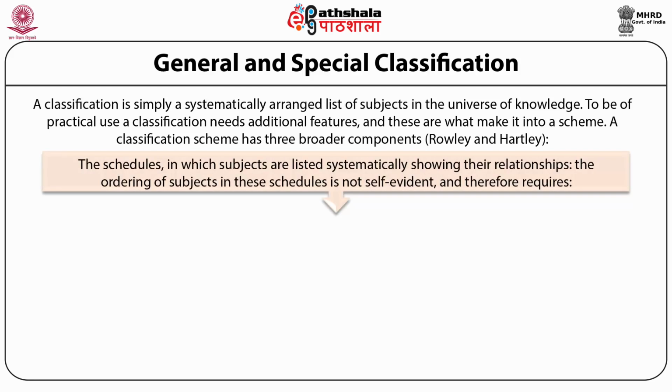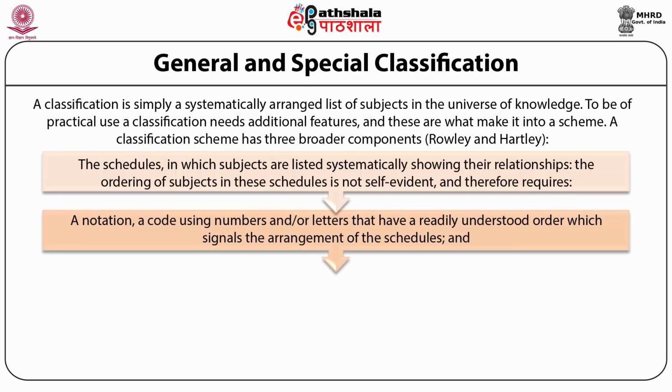The order in which the subjects are listed in these schedules may not be self-evident, and therefore it requires, number one, a notation, a code using numbers and or letters that have a readily understood order, which signals the arrangement of schedules and helps the maintenance of order on the shelves at any time.